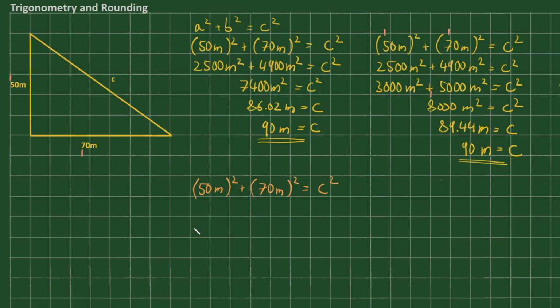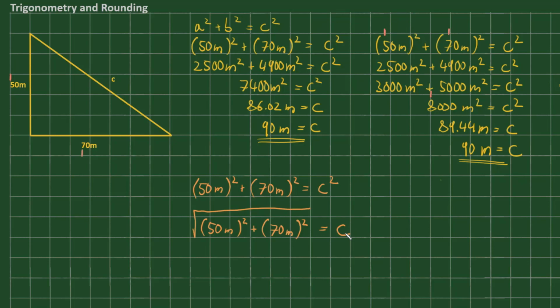That means that on the left I will have a giant radical symbol, and beneath that I will have 50 meters squared plus 70 meters squared equals c. The reason I have only c now is because I have taken the square root of c raised to the power of 2, and that gives me c.